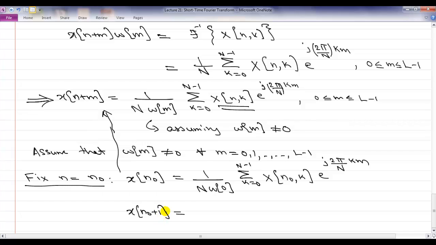I can recover the 101st sample by putting 1 here, which means I can compute it as 1 over w[1] summation k equal to 0 to N minus 1, X of n naught, k, e to the j 2 pi over N km. That is one possibility.